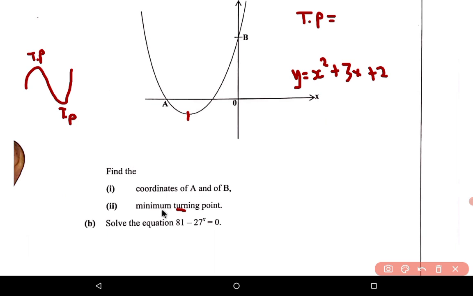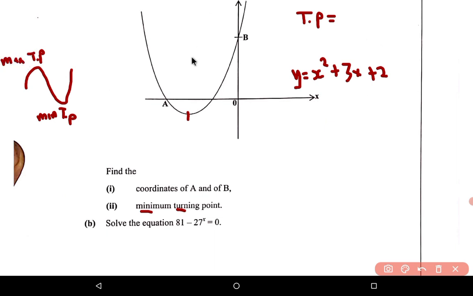The question was specific on saying minimum, because on a hill, this is called the maximum turning point, and this one, like a depression, is called the minimum turning point.